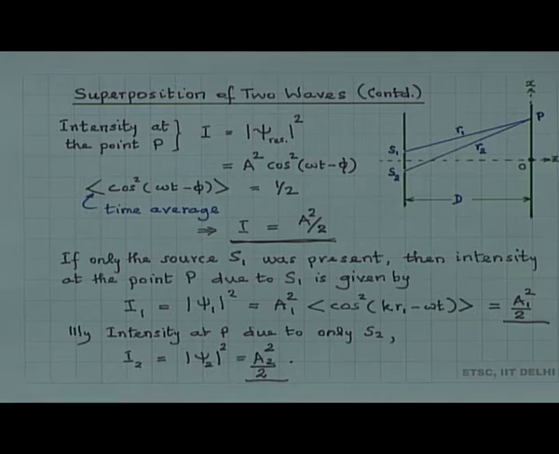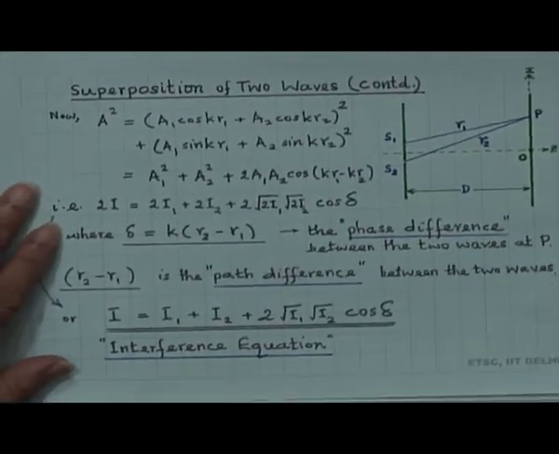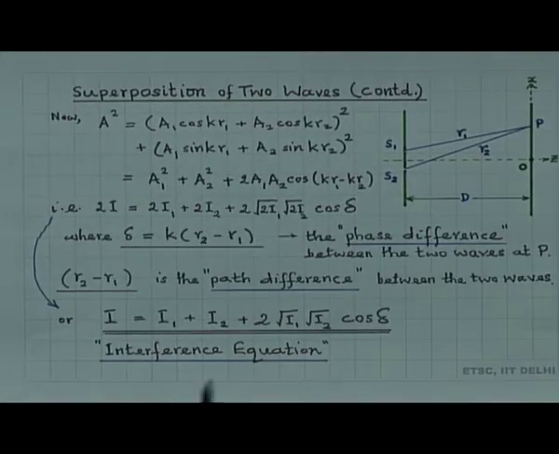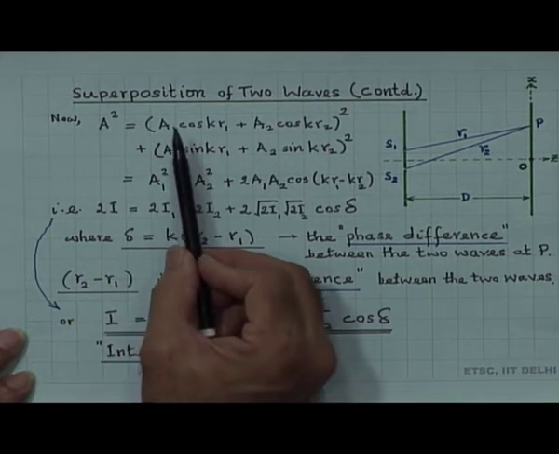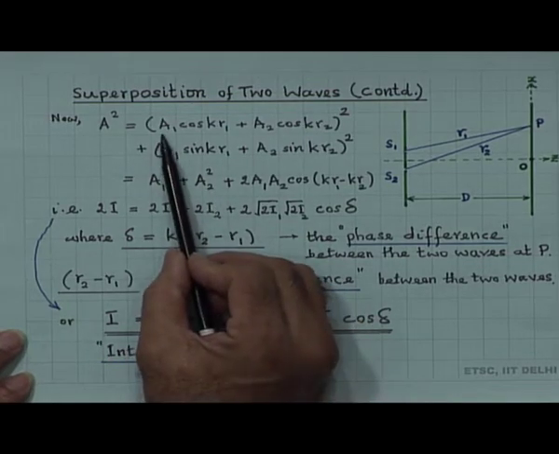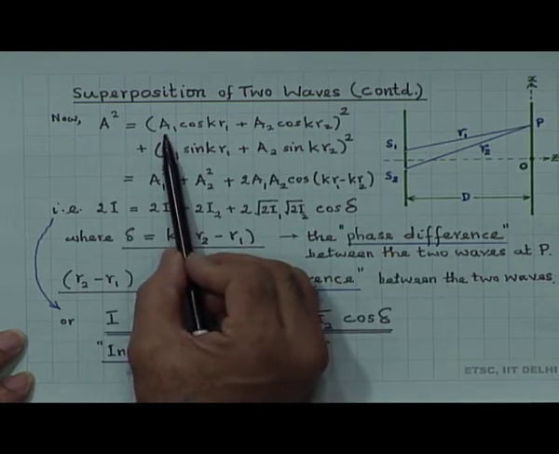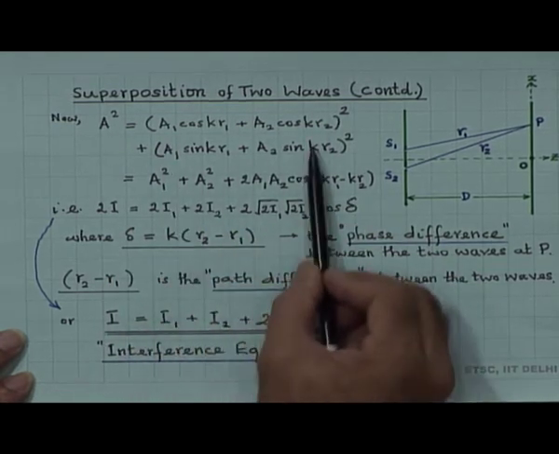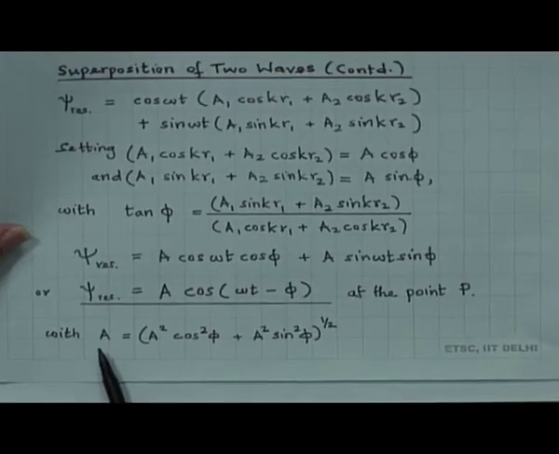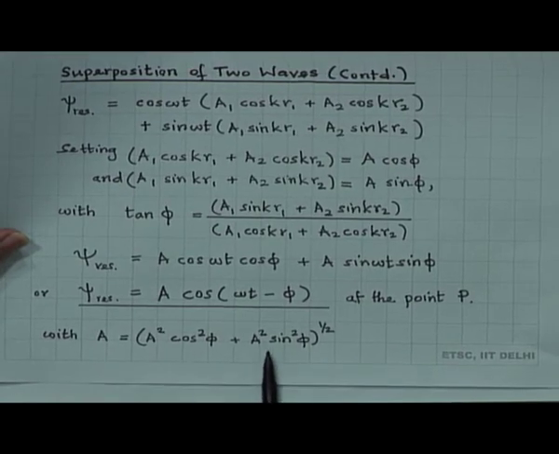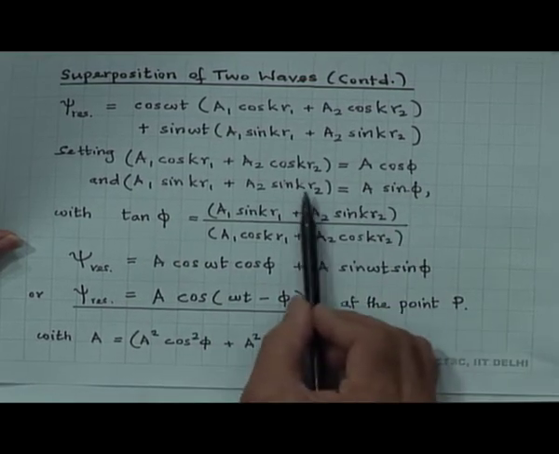Now, let us continue further and see what the resultant is. The resultant A square is equal to, remember we had written A square cos square phi plus A square sin square phi, where A cos phi was this term and A sin phi was this term.